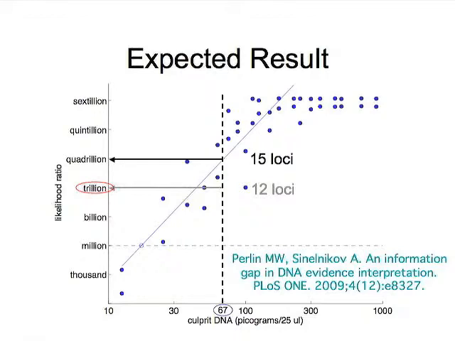But with quantitative interpretation, down to 100 picograms, we're basically recovering the full 10 to the 18th, 10 to the 20th information that's present. And then an interesting thing happens. As we go below 100 on a log-log scale, we have a straight line regression that tells us how much information we're losing as the amount of DNA decreases.